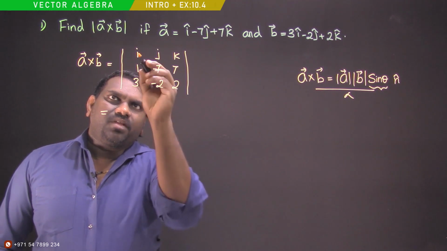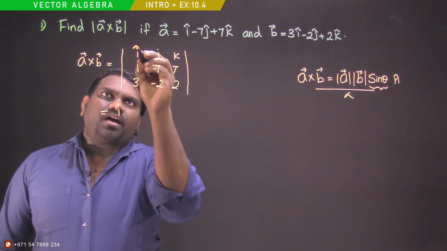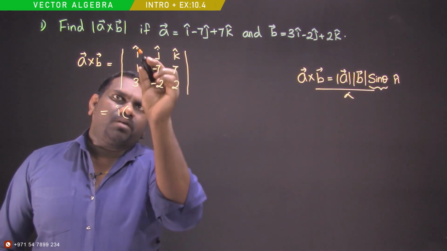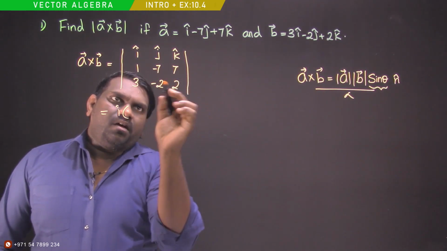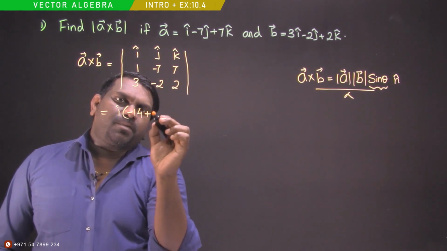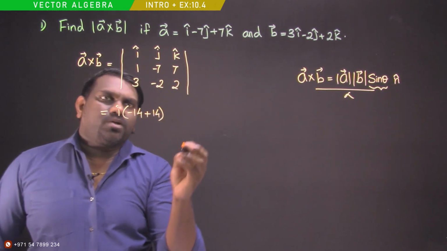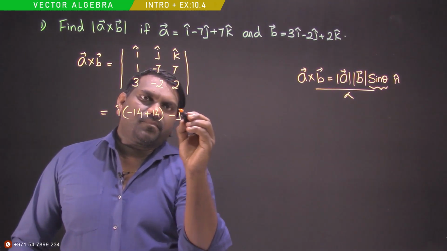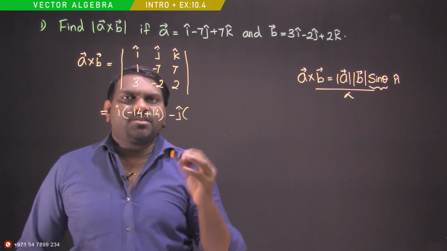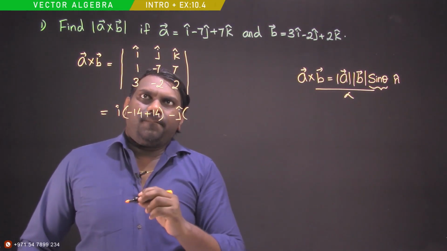That's going to be I cap, J cap, K cap. I cap into, now leave these two and this one, that's going to be -14, and minus of -14 is +14, dear. I hope you know how to solve this. So minus J, because the second one you take as negative, that is the polarity of that particular space.